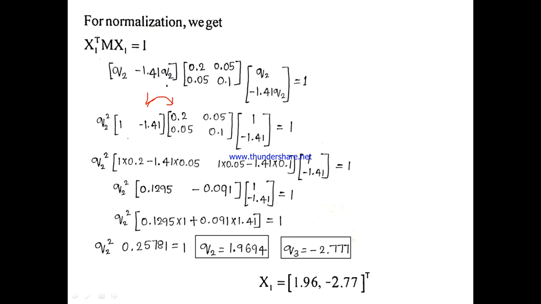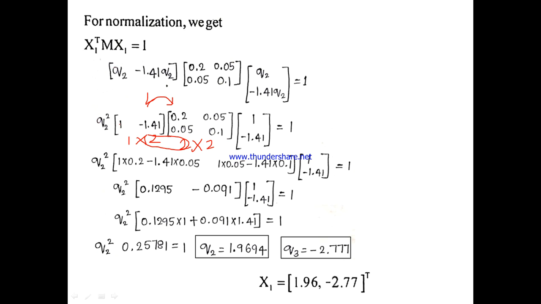This is 1 row, 2 columns. This is 2 rows, 2 columns. Now how to solve this? 1 into 0.2 minus 1.41 into 0.05. If I take these two values, what matrix will I get? A 1 by 2 matrix, 1 row, 2 columns.